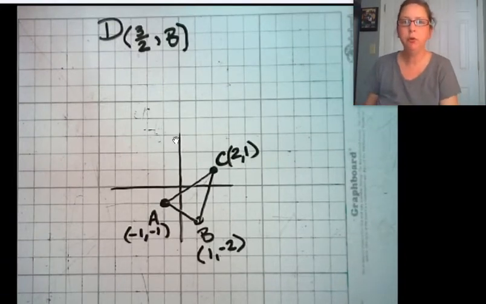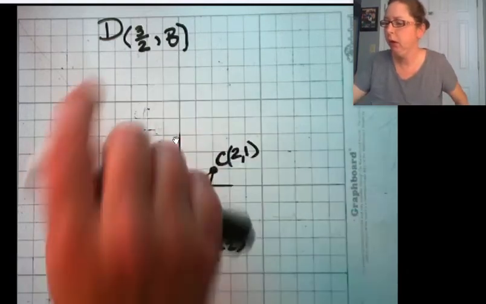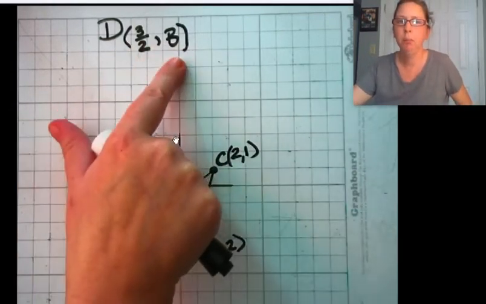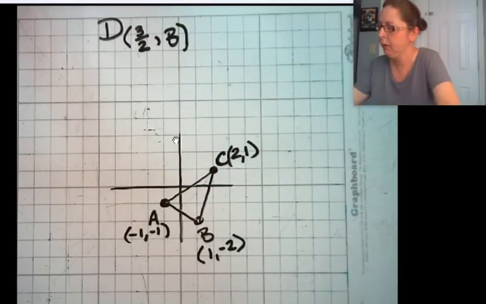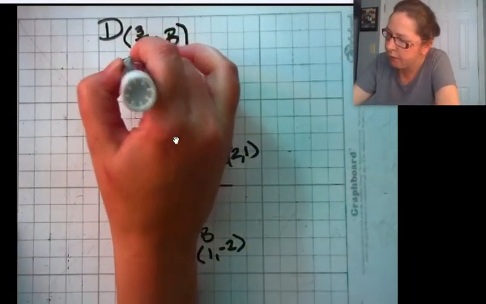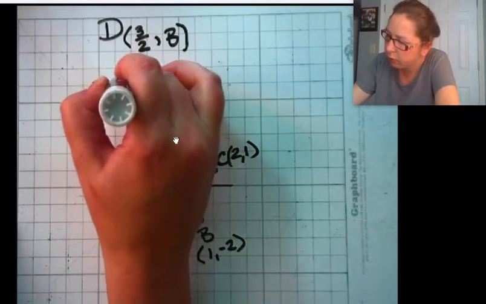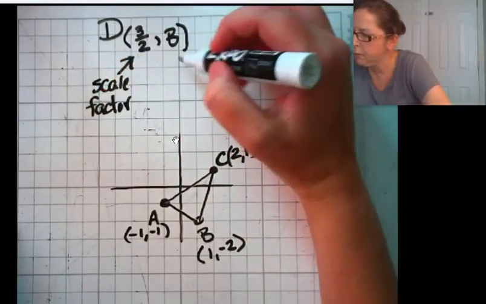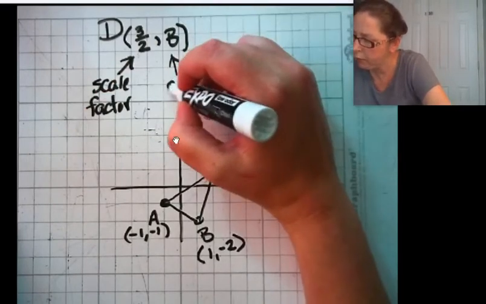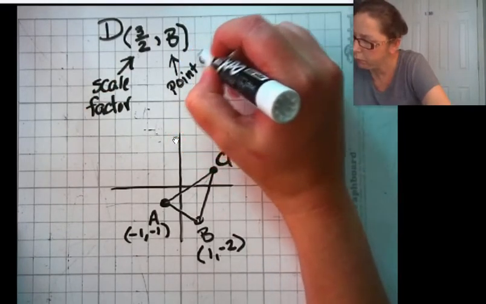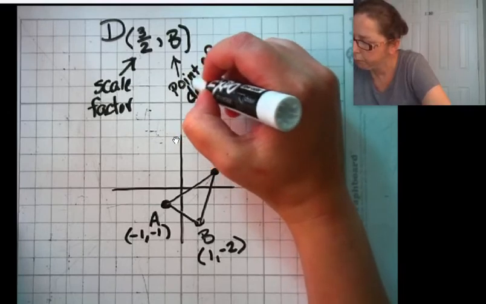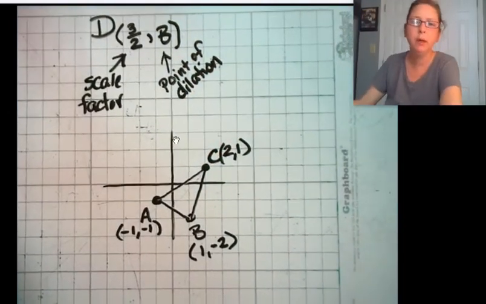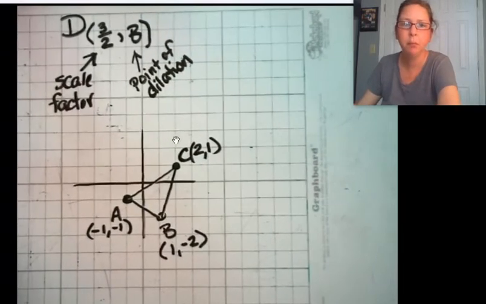Okay, so here is example number 2. We are going to do a dilation of 3/2 about point B. Okay, so this is my scale factor. This is my point of dilation. So what we're going to do is the same exact process.